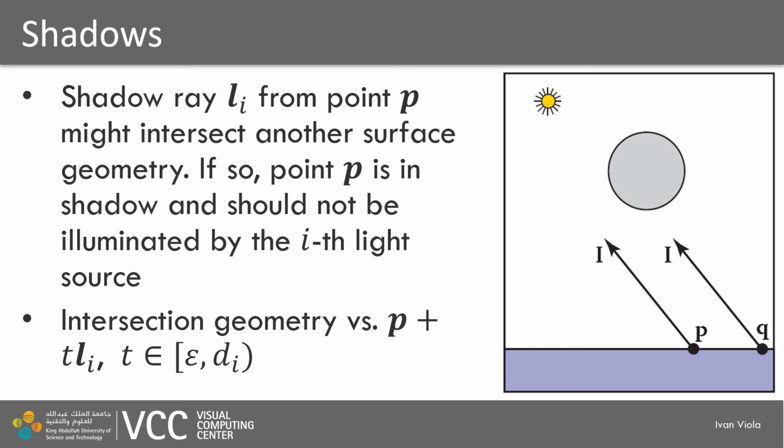But we didn't really check whether the object is directly visible by the light source or not. In order to do that, we can calculate the so-called shadow rays. And simply at the position which we are evaluating the illumination for, we are connecting the light source with the position on the surface.